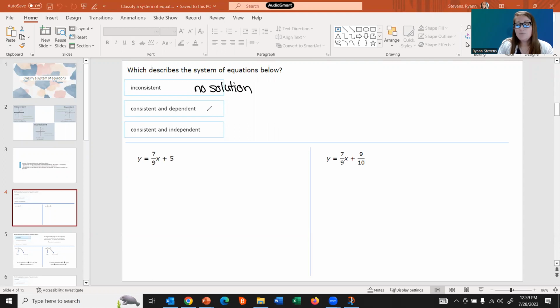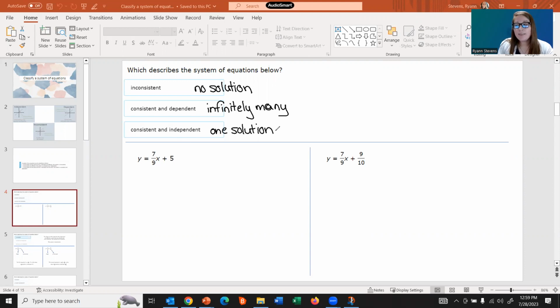For consistent and dependent, that's going to be infinitely many solutions. And then for consistent and independent, there's only going to be one solution.